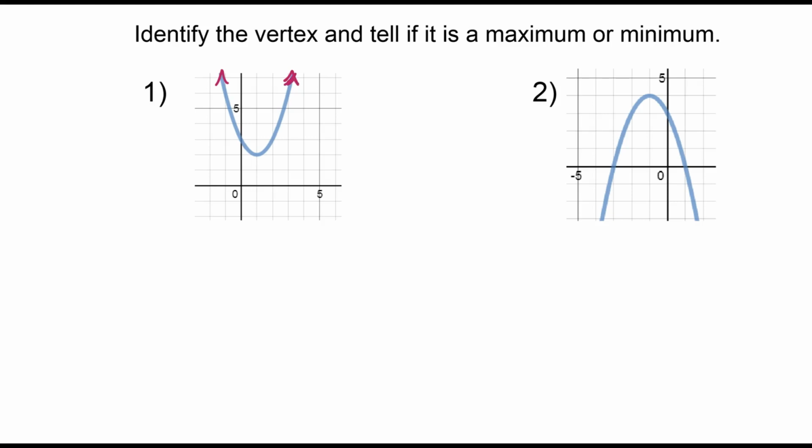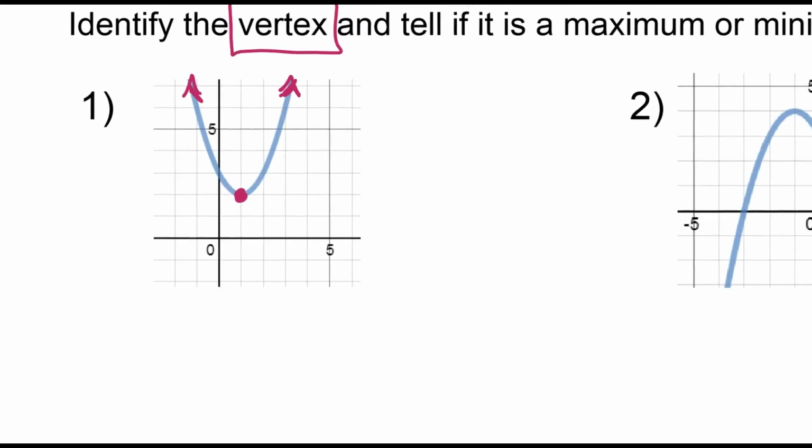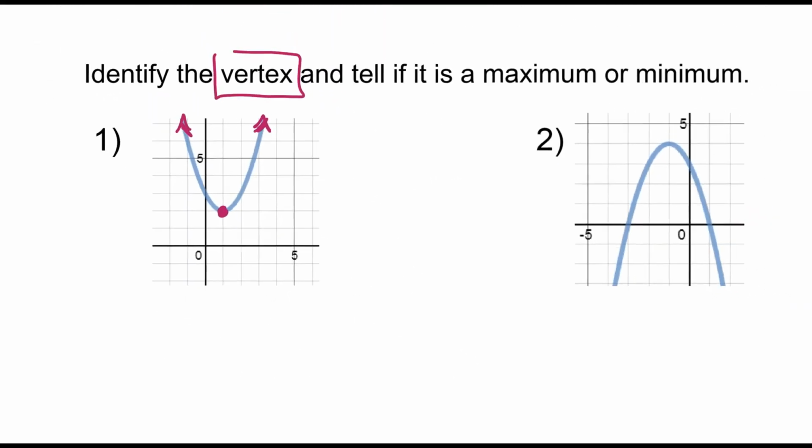I will take off points if you don't have these arrows on the ends of your parabolas. To identify the vertex, it is the tip of the parabola where it comes to a curved ending. I don't want to call it a point because then you think the parabola has linear equations leaving from it. It doesn't. They're a curve.